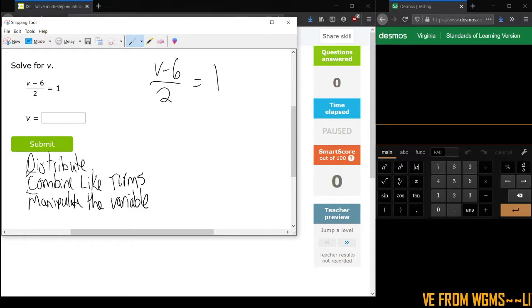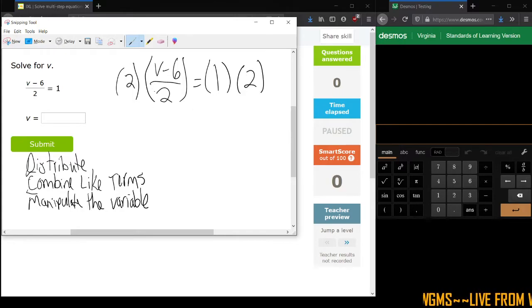So I kind of want to make this a little bit easier for myself, and what I want to do first is I'm going to multiply both sides by 2. The reason why I'm doing this is because on my left side it will cancel it out. So again, I would have that this just is v minus 6 is equal to 2 times 1, which is 2. Then I have a simple one-step equation.